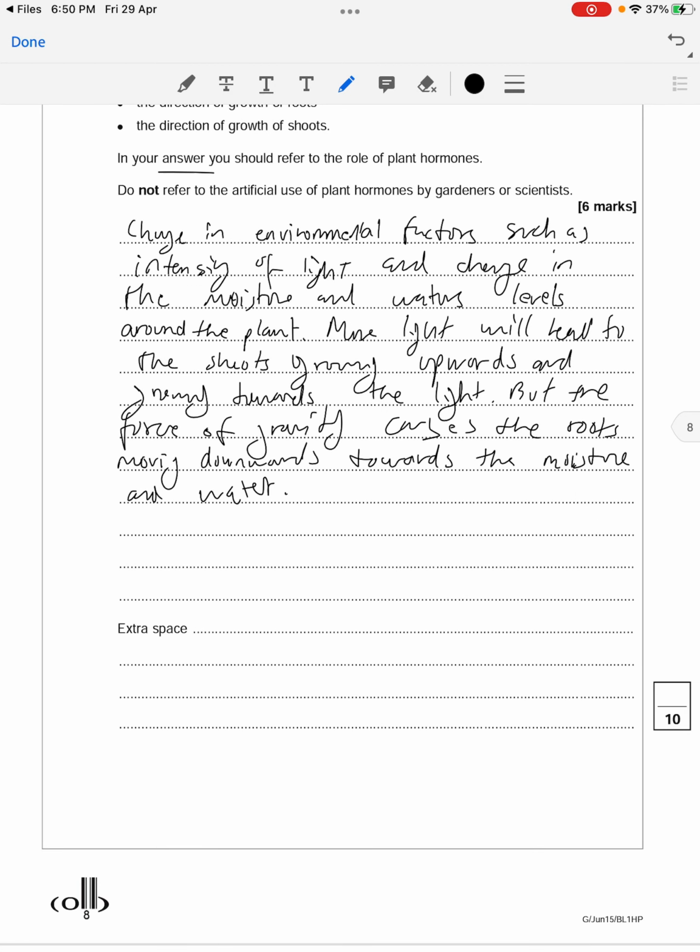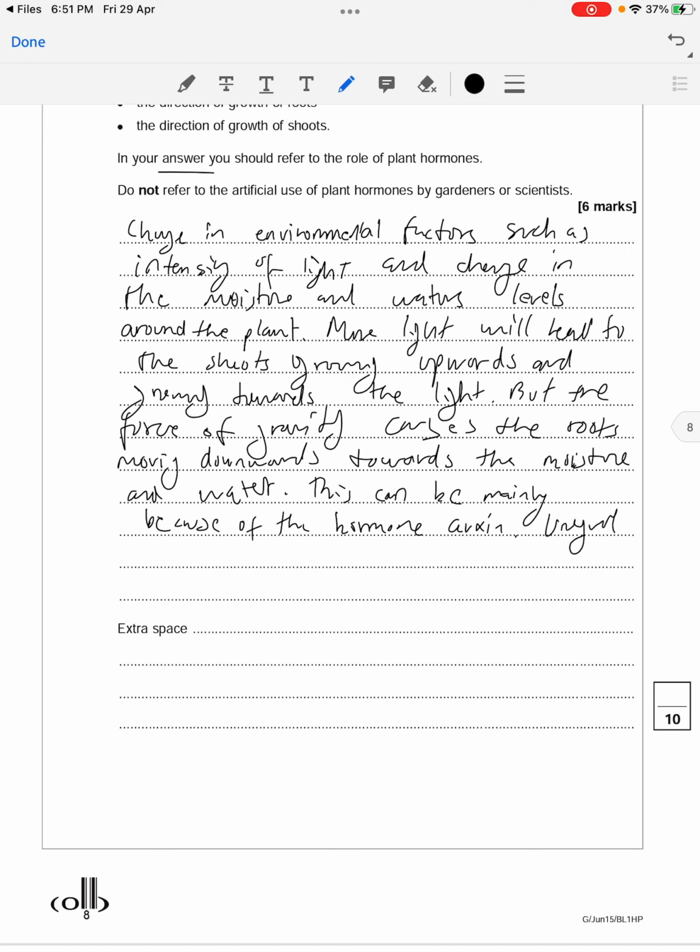Okay, now this can be mainly because of the hormone. So remember, named hormone, mainly because of the hormone auxin in the plants, right?